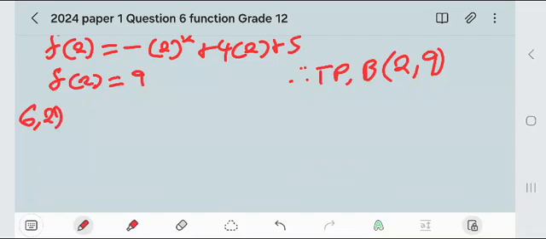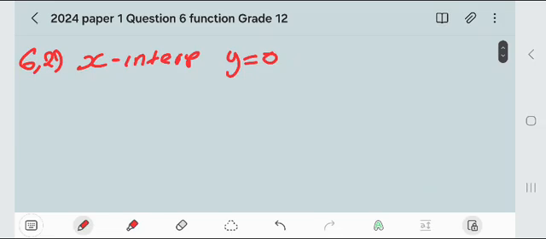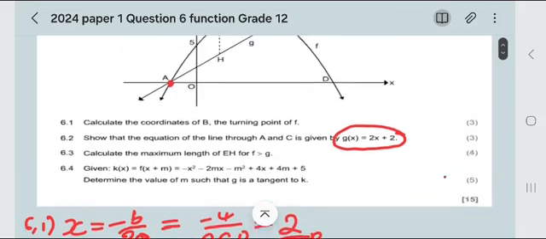It's where we have the x-intercept, and we know that at an x-intercept, y will be equal to 0.